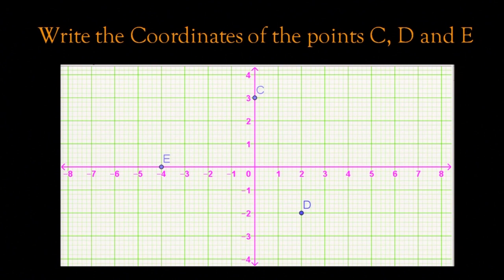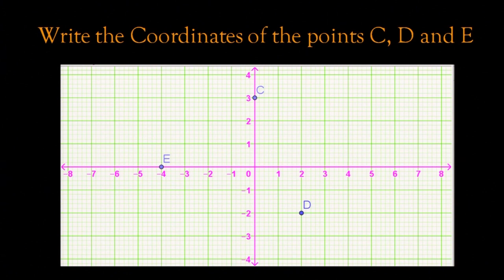It is easy to find the coordinates of C, D and E. Consider the point C lying on the y-axis. What would be the distance of the point C from the y-axis? As it is lying on the y-axis, the distance of the point C from the y-axis is 0.